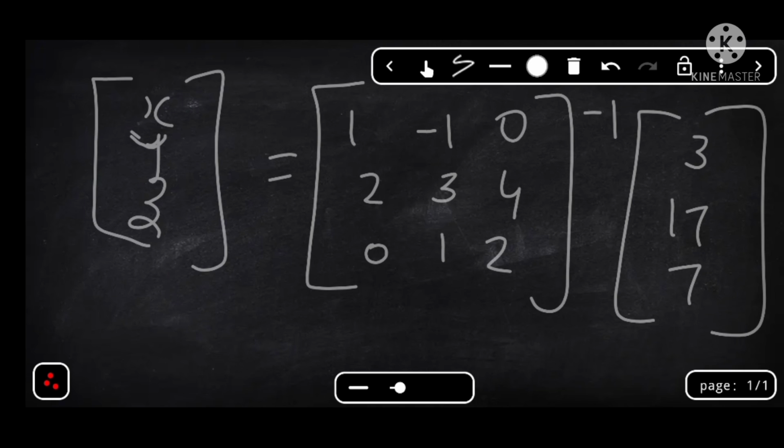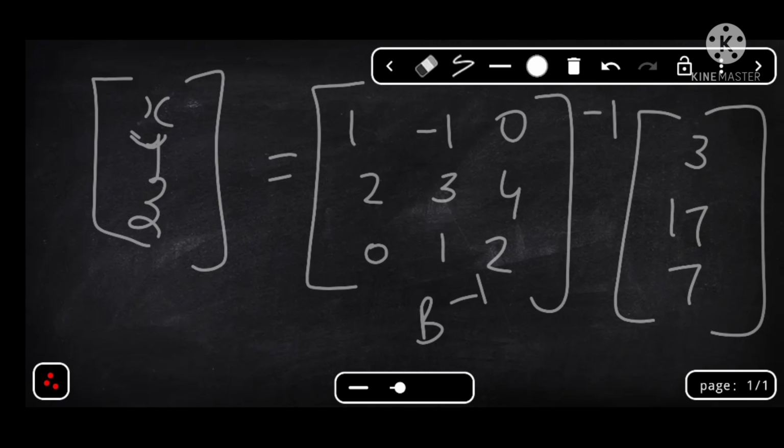Now what is our next step? We'll multiply these two matrices. Before that, what is this matrix 1, minus 1, 0, 2, 3, 4, 0, 1, 2? If you look at the question, this matrix is our B matrix. So this matrix inverse is B inverse, and we already have the value for B inverse.